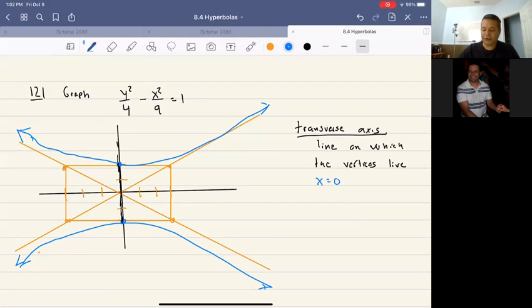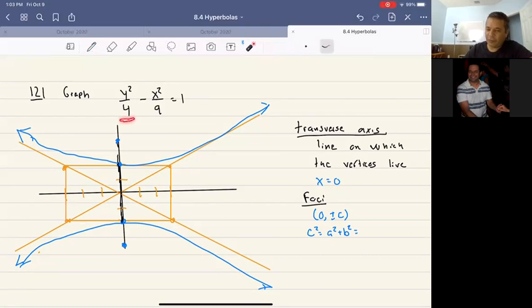Okay, let's also find the foci. Remember, the foci also need to be on the transverse axis. So they're going to be like here and here somewhere. And c squared should equal a squared plus b squared, which in this case, we have 4 is a squared, 9 is b squared.